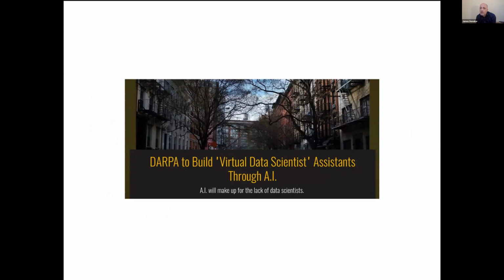That is, try to make it so that people without any data science training, without any programming ability, certainly, can understand what's going on in the data, can say, I've got data here. This is what I want to learn. Can you build me a model that tells me if this is true or not? Can you build me a model that predicts this thing I care about in the future?